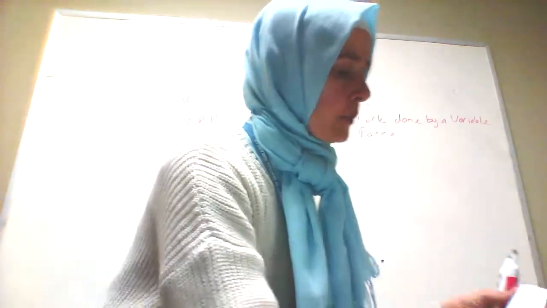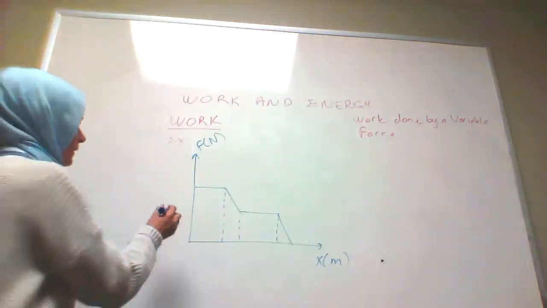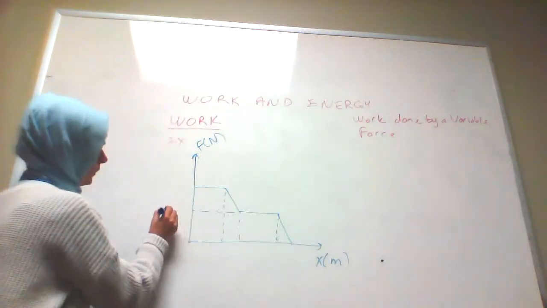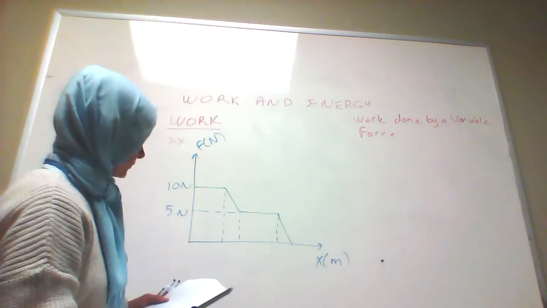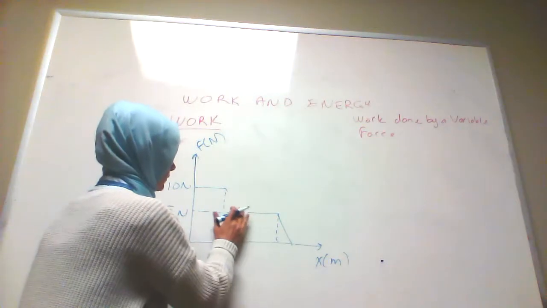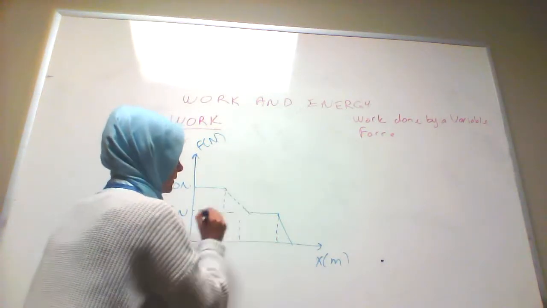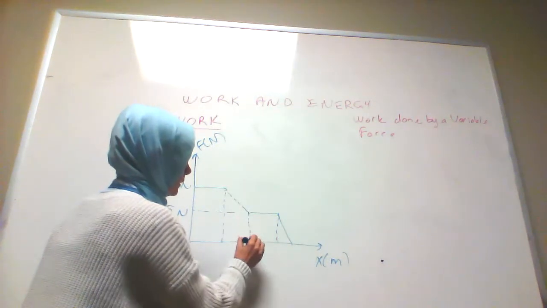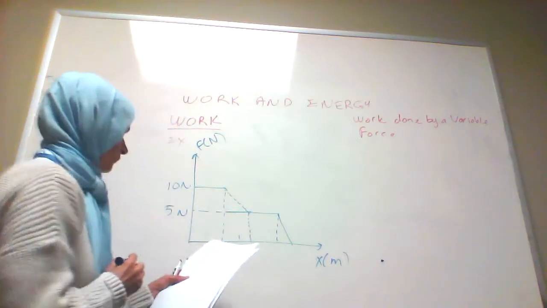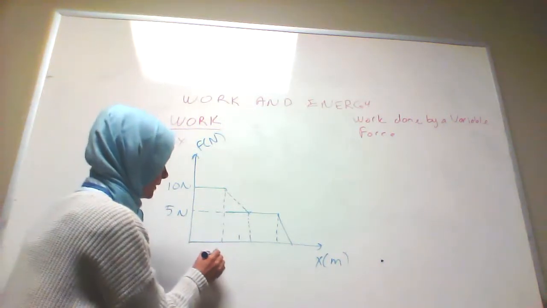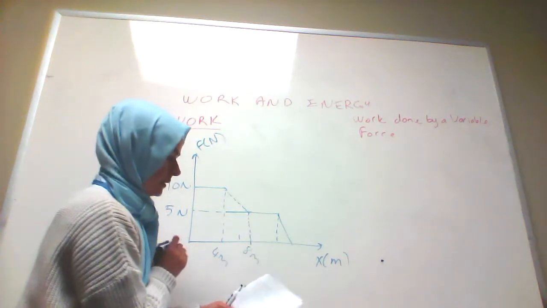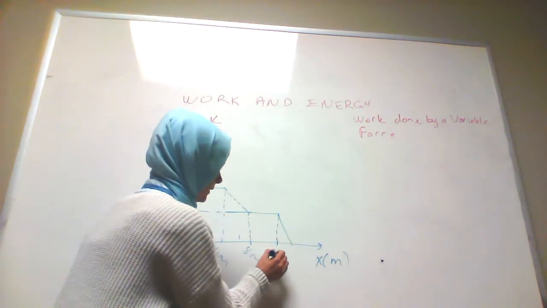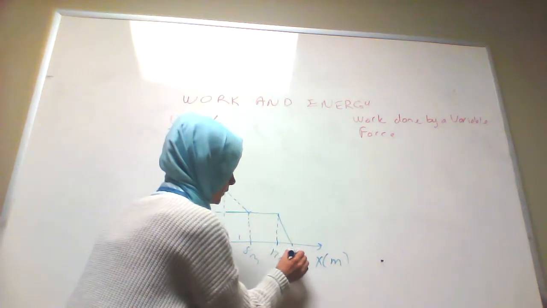And we can put these values. Let's see. We have here 5 Newton, 10 Newton. Let me make this better looking. There we go. We have 4 meters here. Here we have 8 meters. 12 meters. And then 14 meters.